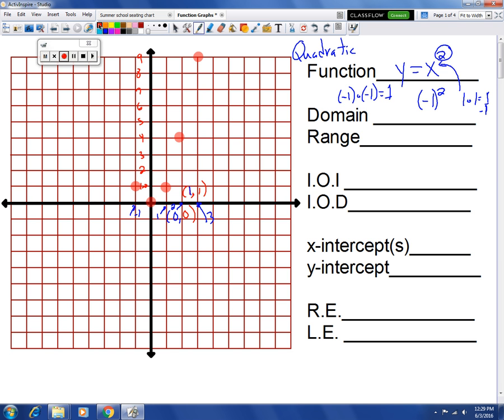These 2 points right here are going to be symmetric, and that's what's going to happen with quadratic equations. You're definitely going to have some symmetry. Alright, let's substitute negative 2. And again, negative 2, if I really want to do it properly, I need to put it in parentheses.